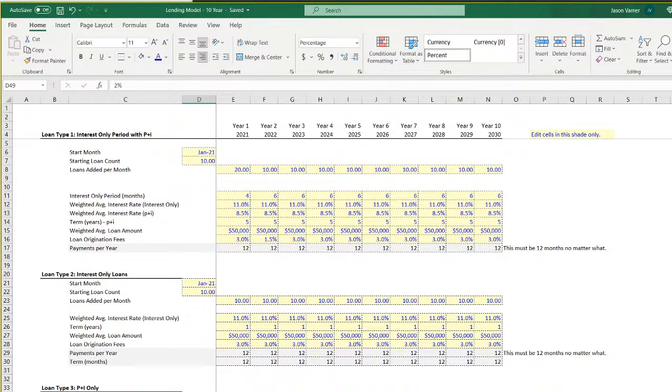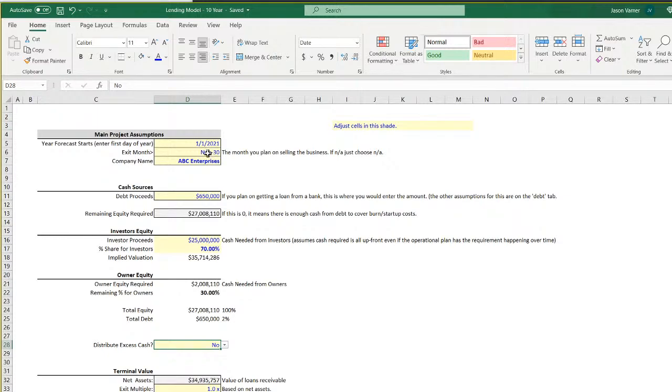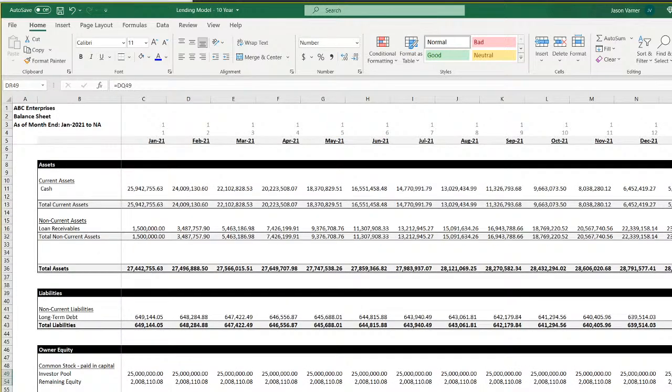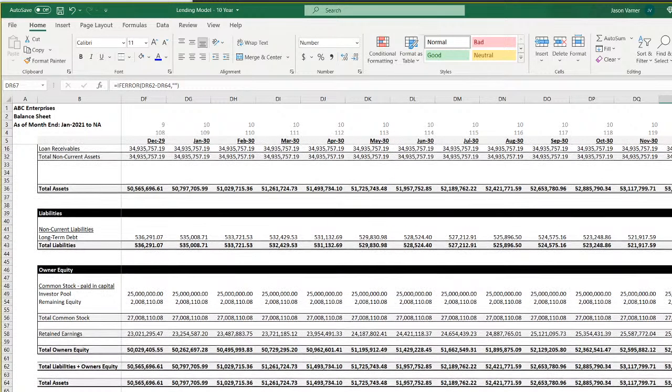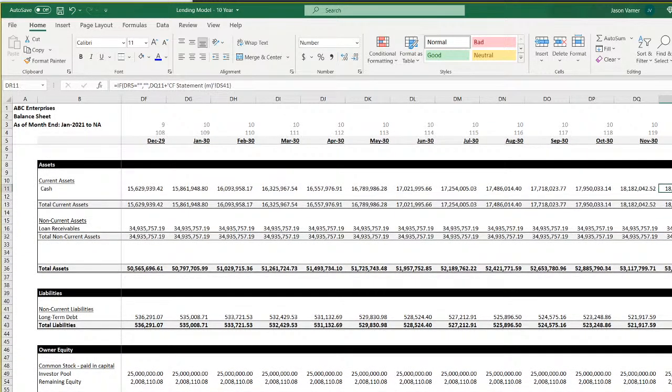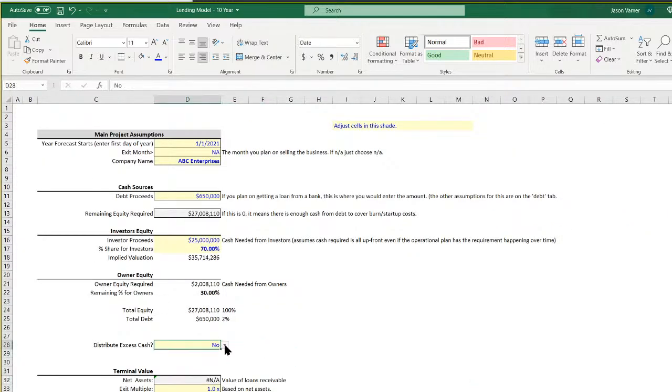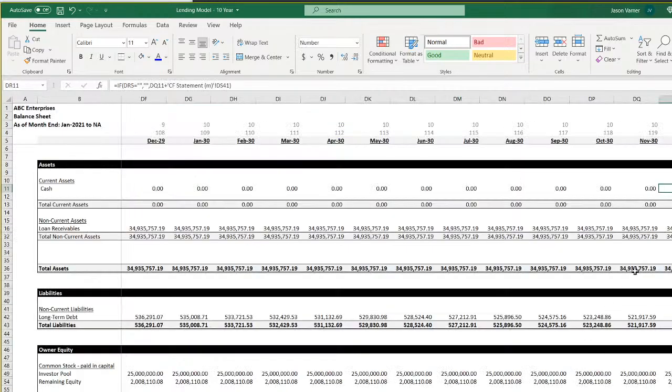What did I want to do? I wanted to adjust something here. Let's put in if there's no exit, and I want to make sure all of this still balances out. So if there's no exit, everything should be going to the end. Okay, perfect, so we're balanced out. Let's distribute cash, so the balance sheet should have zero.